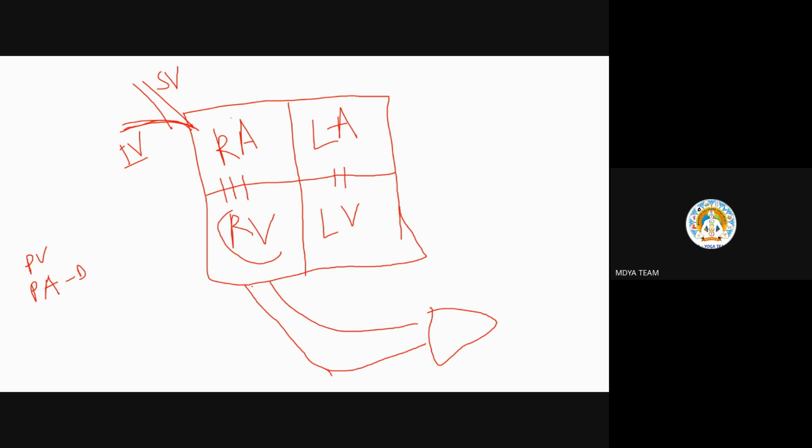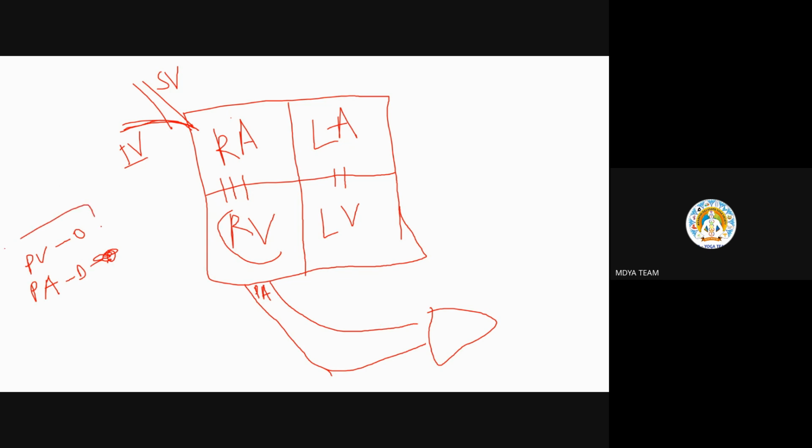This is your pulmonary artery, PA. It is very difficult to write here. Sorry, the pulmonary artery will carry deoxygenated blood, while the pulmonary vein will carry oxygenated blood. I am writing everything so that it is simple to understand, and even if you take a picture it will be very clear to you.